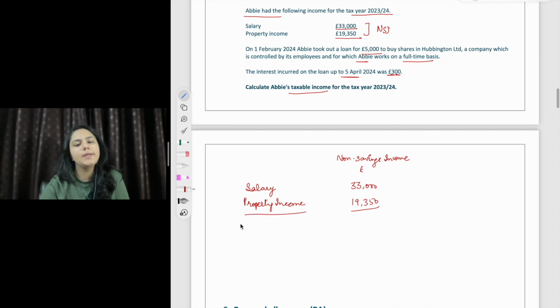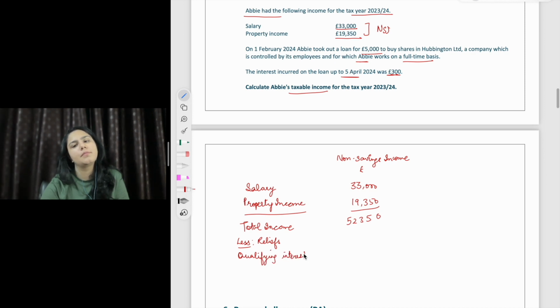Total income is going to be 52,350. Then we are going to minus reliefs, which is qualifying interest. Now, Abby took a loan for 5,000 and the interest accrued on the loan up to 5th April, up till the end of the tax year, was 300. So I will minus 300, which is my qualifying interest here.